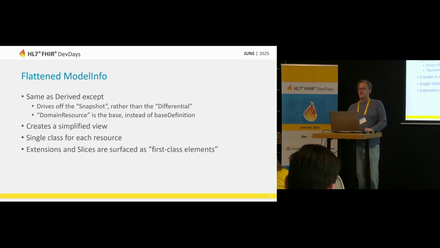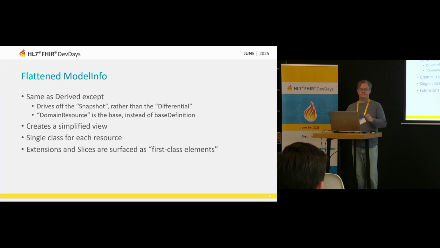We've been doing that for a while, and it also gives us a way to create extensions and slices and surface those as first-class elements. So, for example, the ethnicity and race extensions in US Core are exposed directly as first-class elements. And that's a really nice authoring experience.